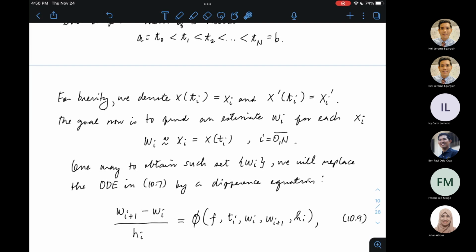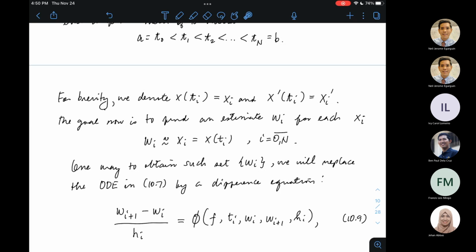And for brevity of notations, I will denote X of T sub i by X sub i. So yung mga W sub i, sila yung mga numbers na magagaling sa ating computers, which will be our estimate para dun sa mga function values. And if you really want to get a picture of how your solution compared to the true solution or to the continuous solution, magi-interpolate lang tayo.